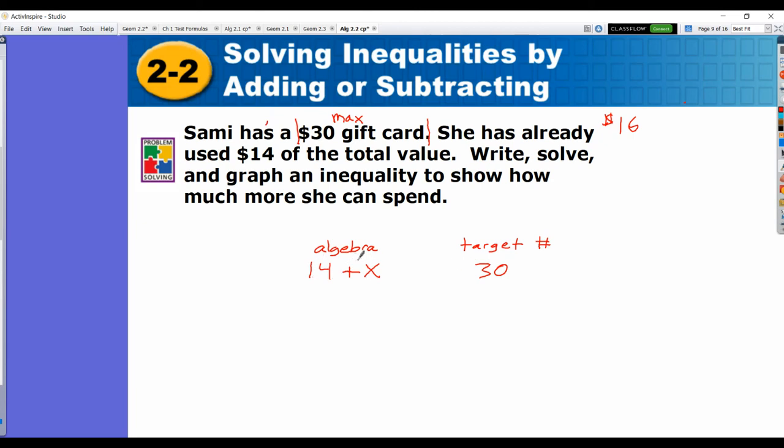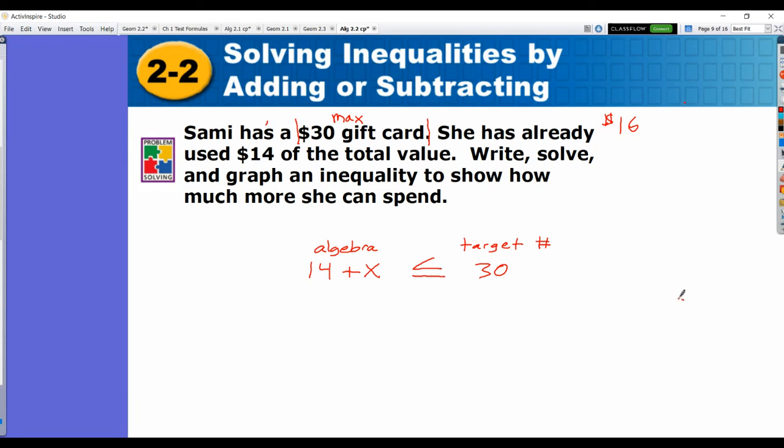So on our algebra side, we want to show that this side can't go over 30. It could equal 30, but it can't go over 30. So our symbol is going to look like this. We're going to make sure the less than symbol is over here, or equal to.